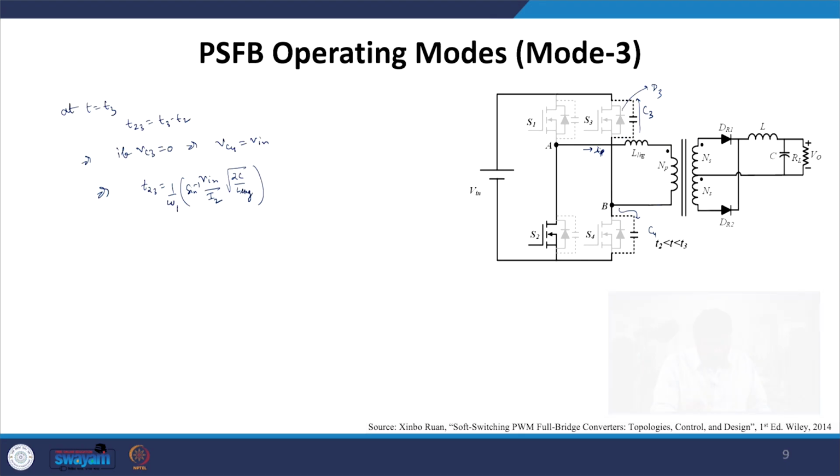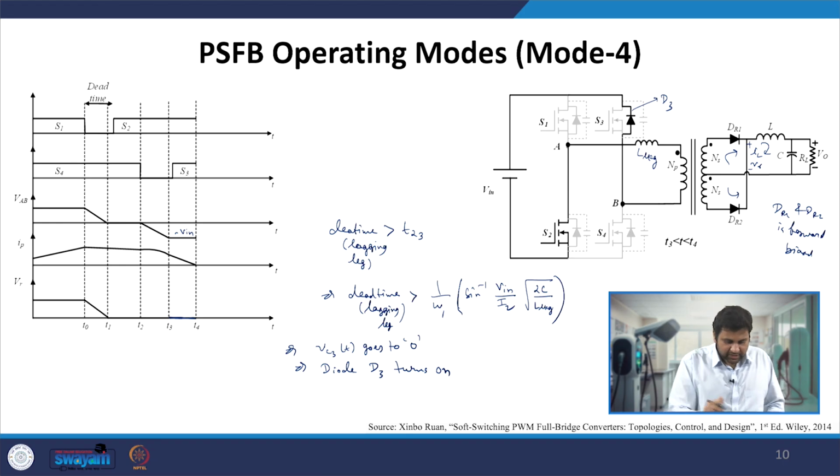So now what we have seen is that the voltage of this VAB was VC3 in the previous mode 3 case. In mode 4, since my D3 is on, minus Vin voltage has started appearing across the VAB. Since minus Vin voltage is appearing across the VAB, the current IP will be falling from I2, previously it was I1, then it went to I2.